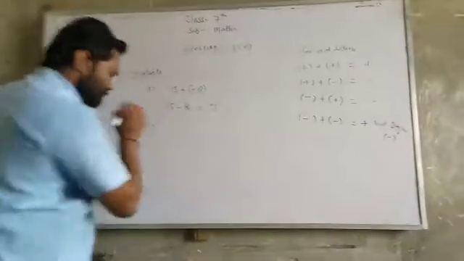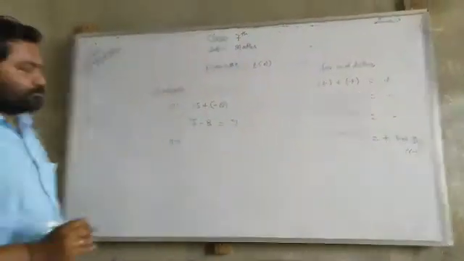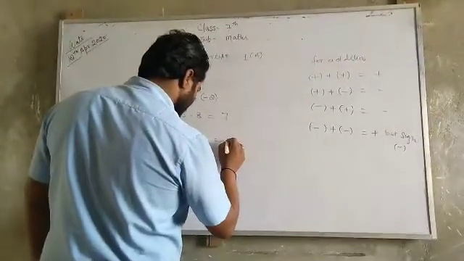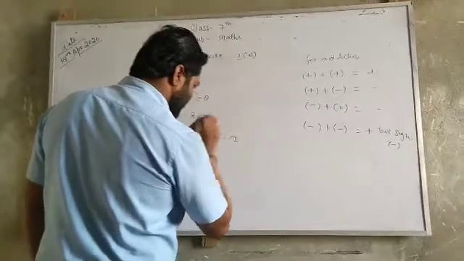Similarly, minus 16 plus 9 is equal to minus 7.